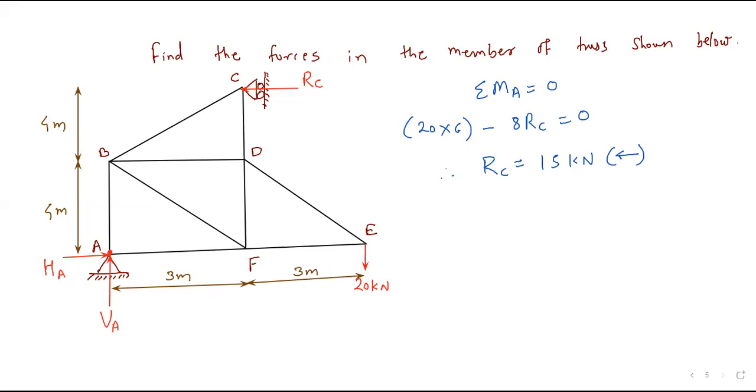So RC is 15 kilonewton and we have assumed that it is moving towards left. So we have shown the arrow left because we have got the positive answer. It means that our assumed direction is correct.